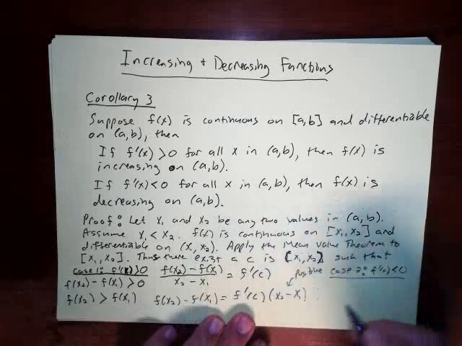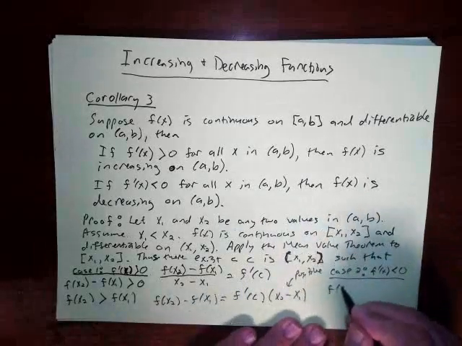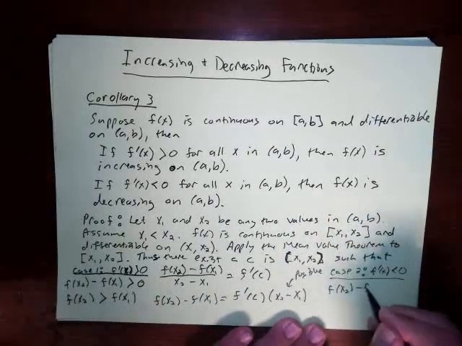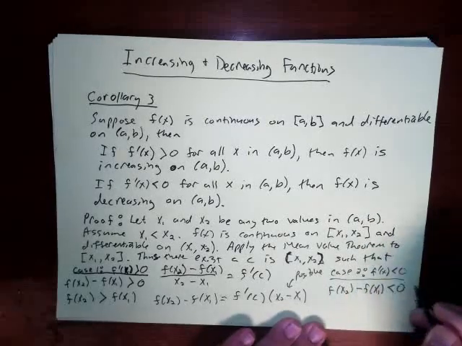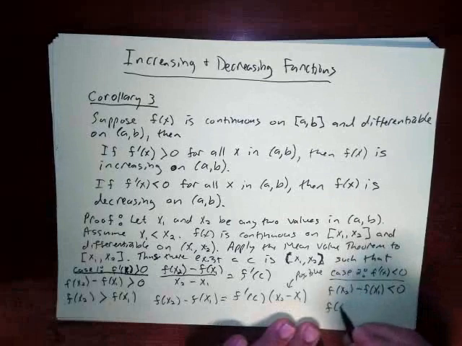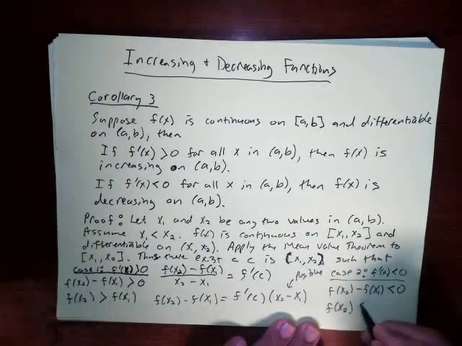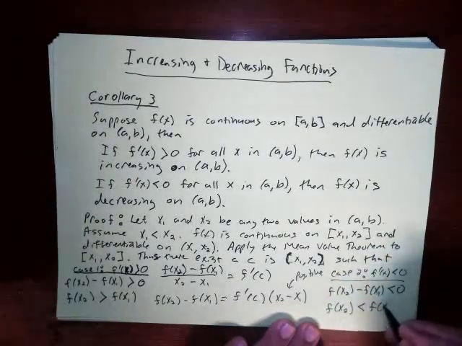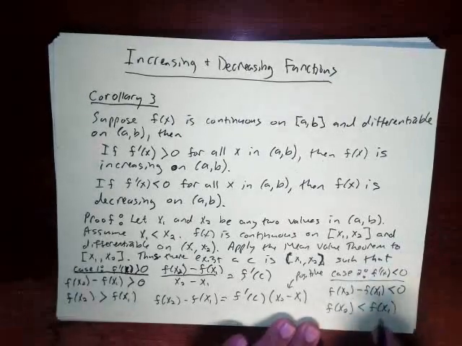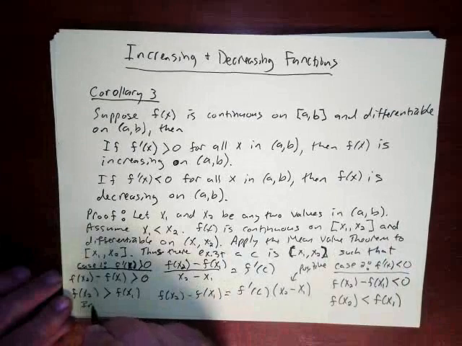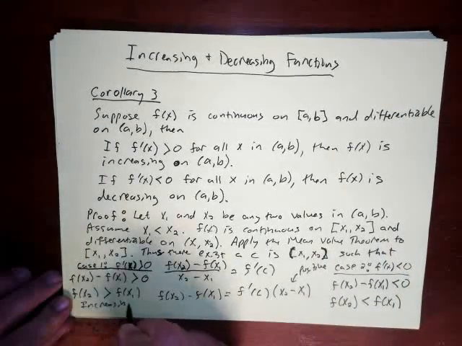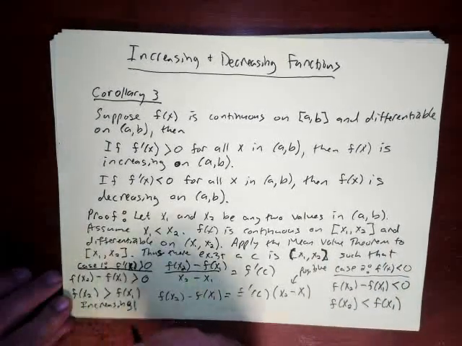A positive times a negative is negative, so f of x2 minus f of x1 is less than 0. And so you get f of x2 is less than f of x1. That's what we needed to show that it's decreasing. So this is increasing, just like it says here.